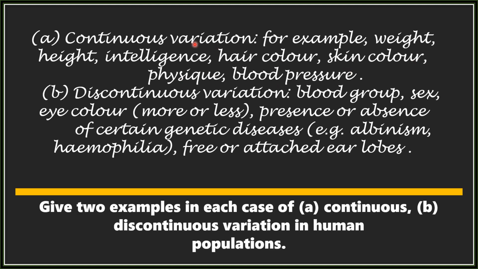Those are continuous variation. Discontinuous variation, we have blood group, sex, eye color, more or less, presence or absence of certain genetic diseases, albinism, hemophilia, free or attached ear lobes. Those are discontinuous variation.